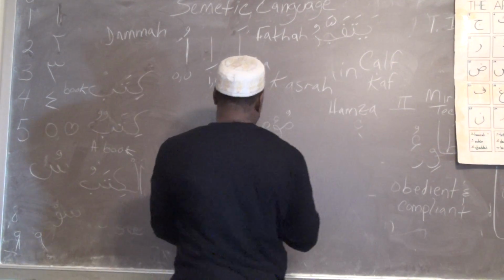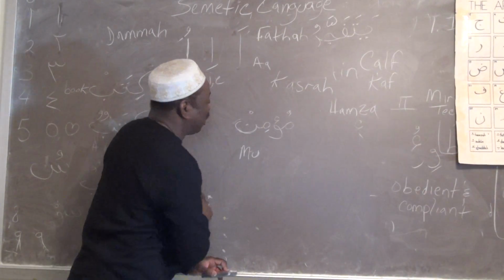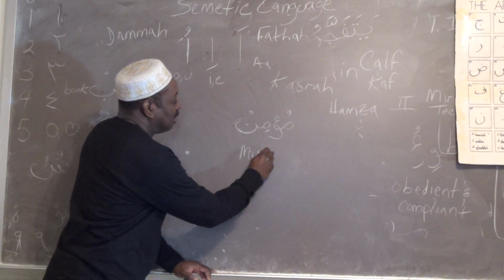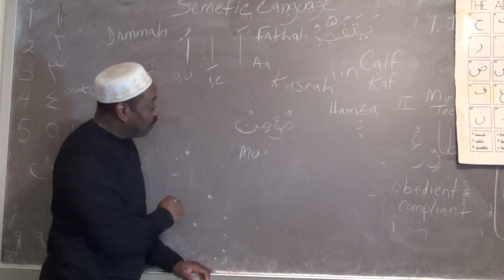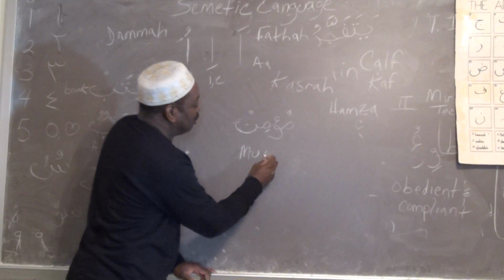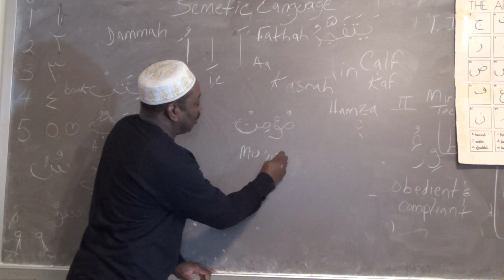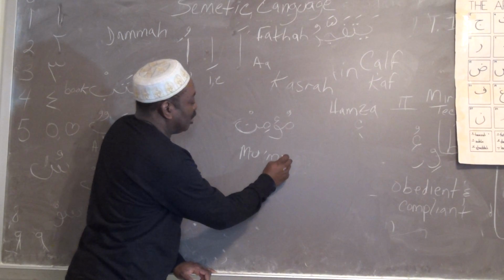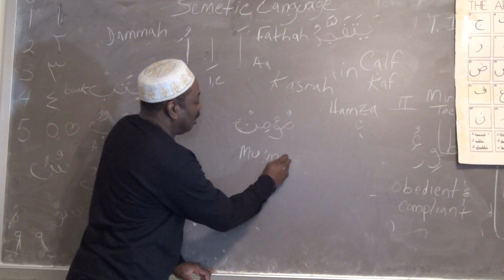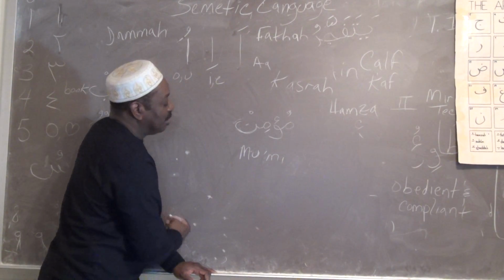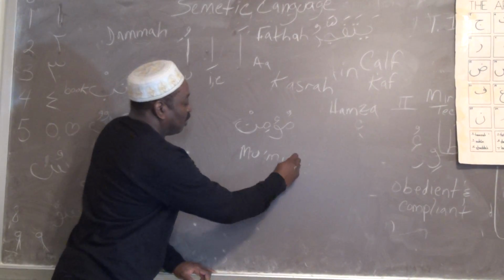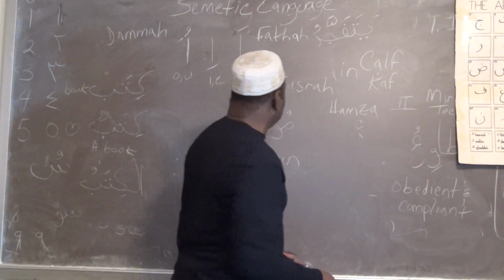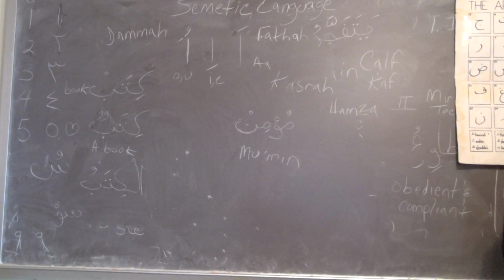So in other words, I should have M-U, then the meem with a kasra, so that will be I, then noon. So that is the correct pronunciation right there.